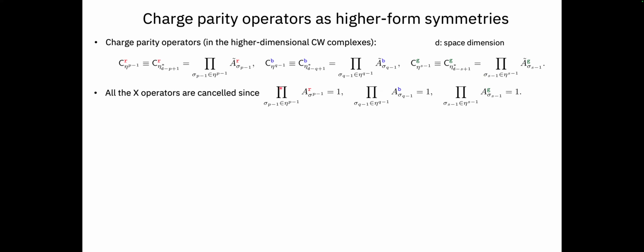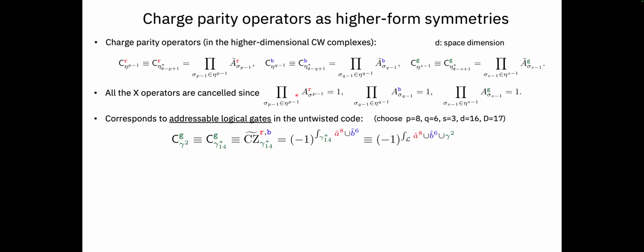Once you cancel this undressed part, you just get a CZ term left. In our example, we choose the dimensions to be 8, 6, and 3, with total spatial dimension 16. So this charge parity operator is just a transversal CZ operator supported on some 14-dimensional cycle, which is the dual of the two cocycle.